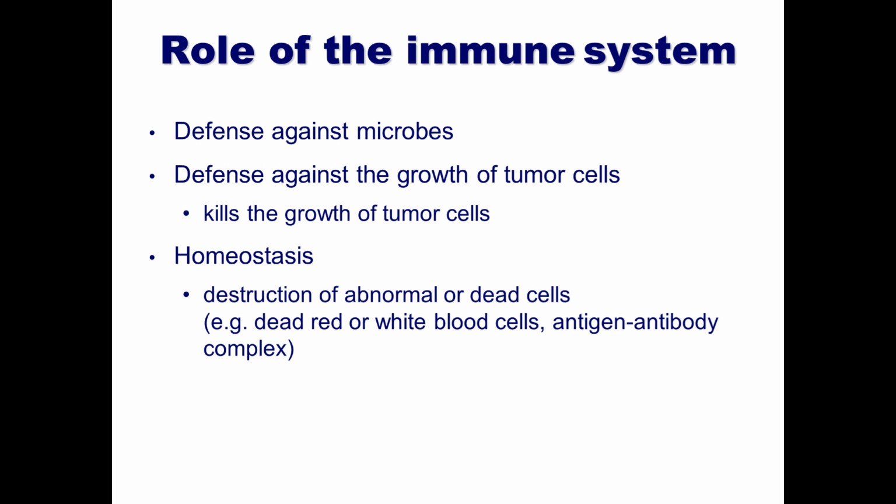So, what is the role of the immune system? The main role of the immune system is defense against microbes and defense against the growth of tumor cells, killing the growth of tumor cells. What is the response towards foreign particles?